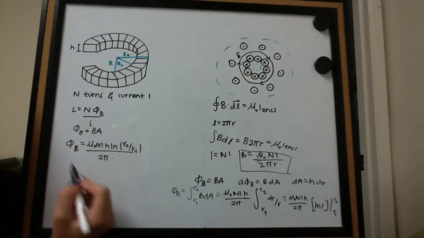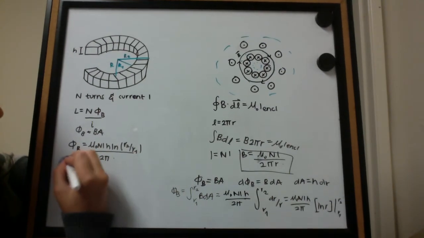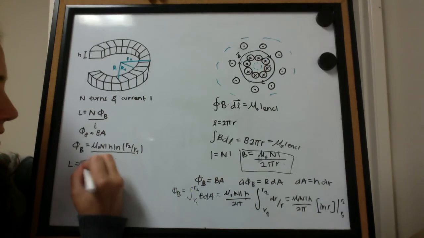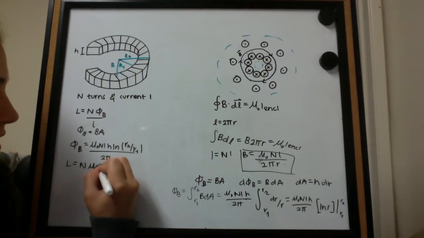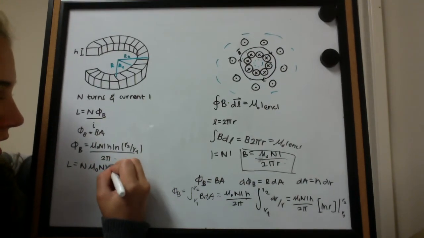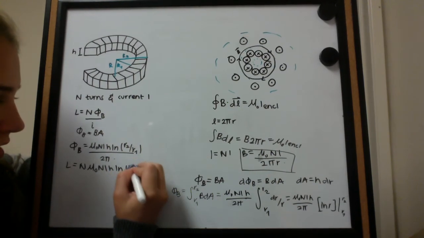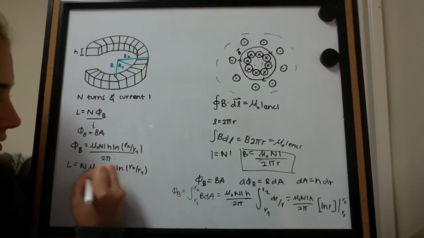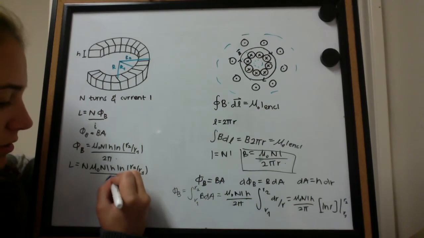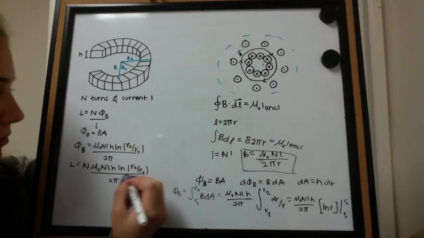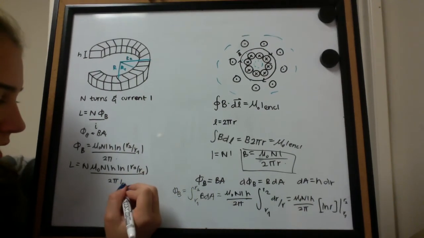Since we're trying to find the inductance, we just multiply by N. L equals N mu naught N I h natural log of r2 over r1 divided by 2 pi. Then divide this whole thing by I, so that means just multiplying by 1 over I right here.